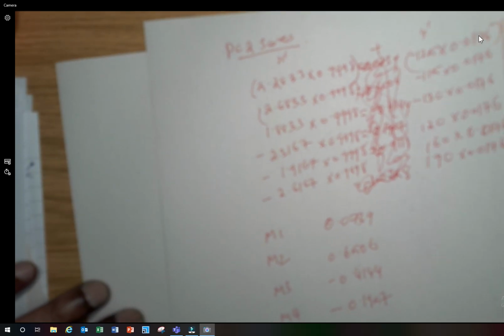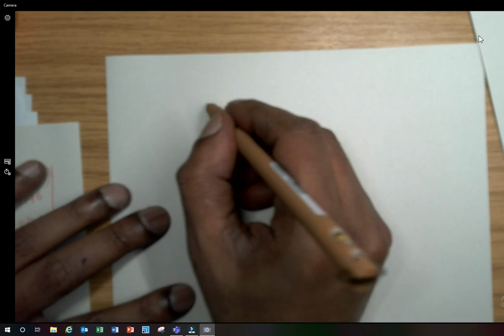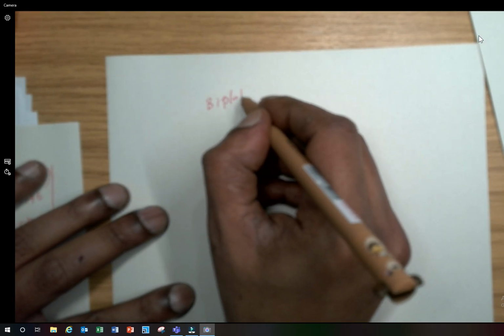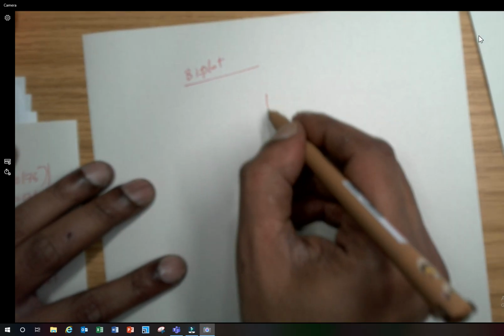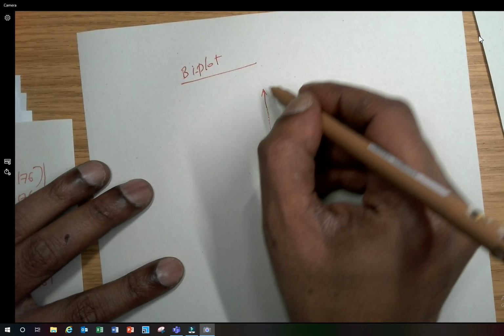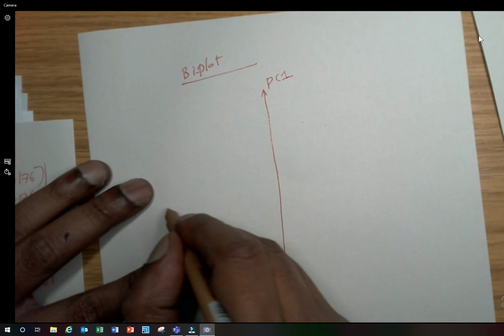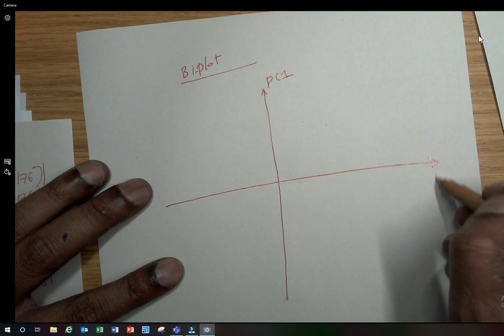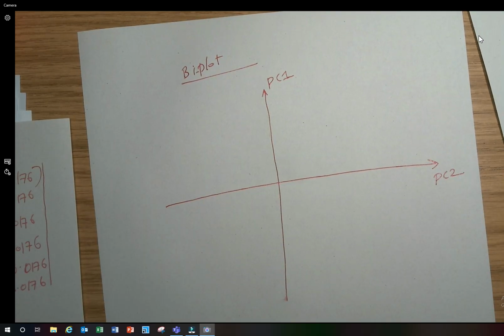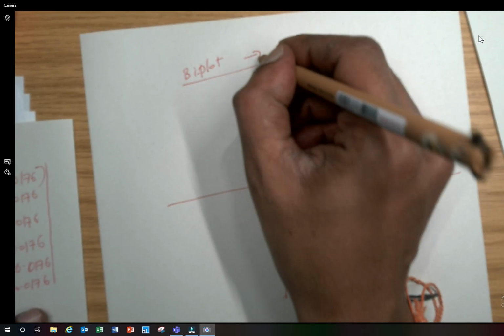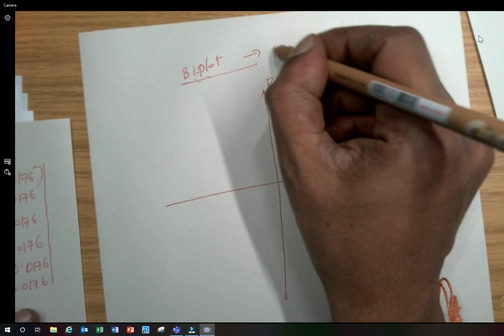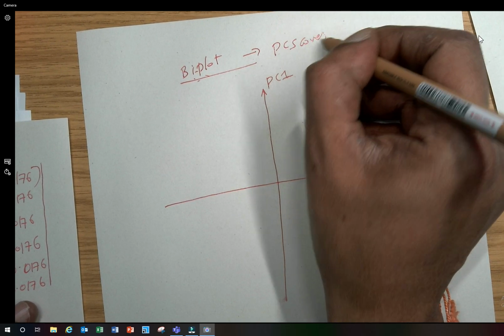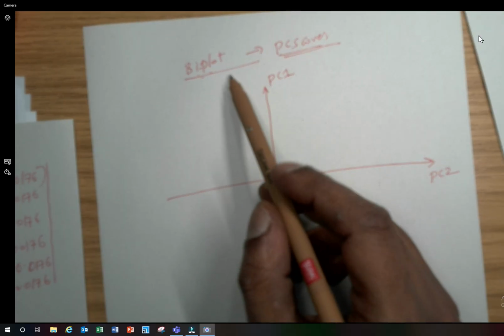So for example, we can even plot something called a biplot, where you can plot PC1 against PC2, and then you can plot the PC scores. Since it's a biplot, it has only two axes, PC1 and PC2. It's a two-dimensional plot.